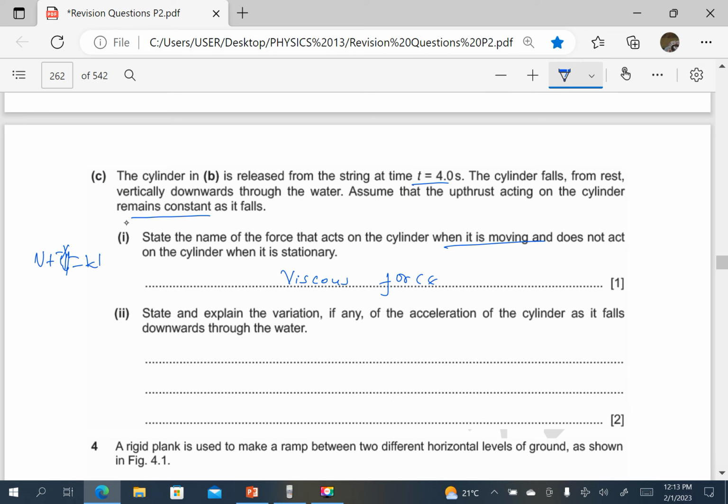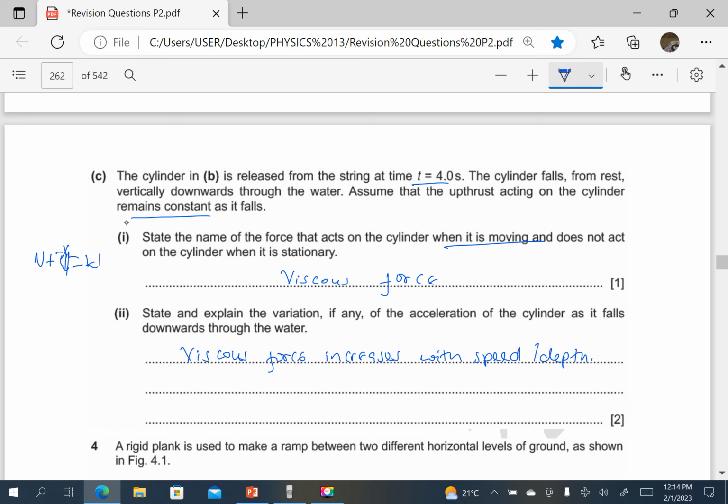So viscous force increases with speed or with depth, but more importantly, it increases with the speed. It's like air resistance. Air resistance increases with the speed.